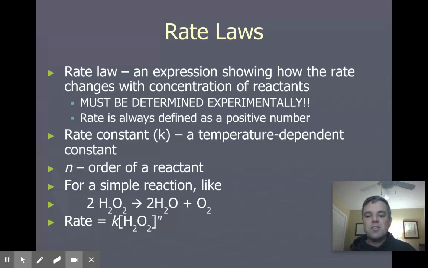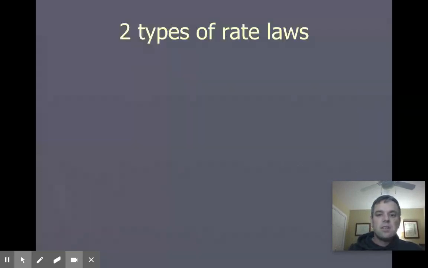If you tripled the concentration, the rate would go up by a factor of 3 squared, or by 9. If n is 3, that would be a third order reaction, then whatever you do to the concentration, the rate happens cubed. And if n equals 0, that means that the rate is completely independent of the concentration of that reactant. And 0 order reactions definitely do happen.